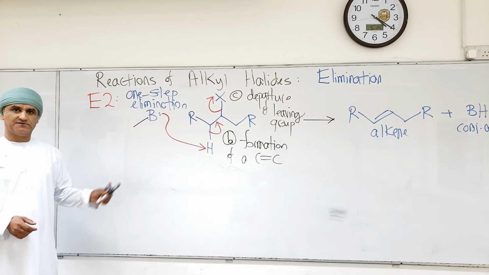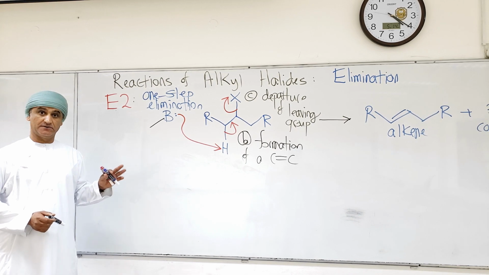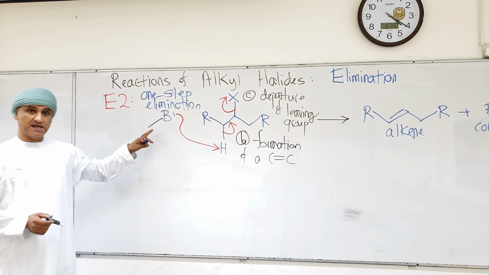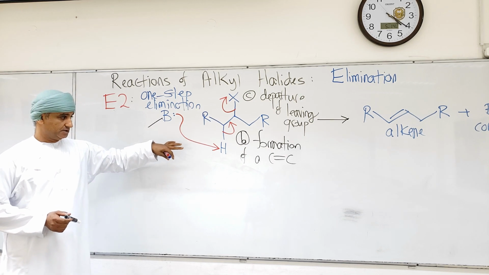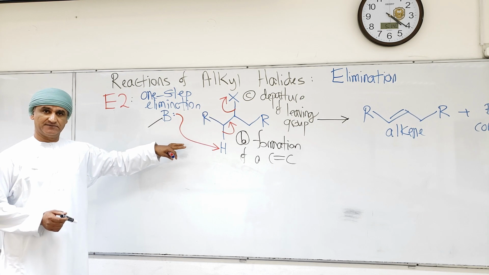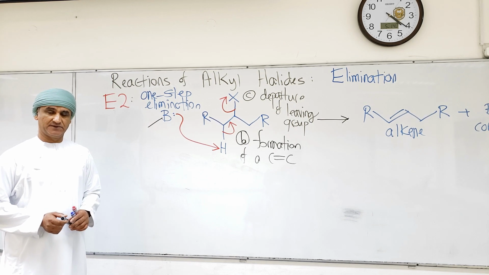A very important feature of E2 reactions is the strength of the base. If you remember this E2 mechanism, the base should be able to take off a proton from a nearby carbon to the carbon that has the leaving group, proton abstraction, with simultaneous carbon-carbon double bond formation and departure of the leaving group.